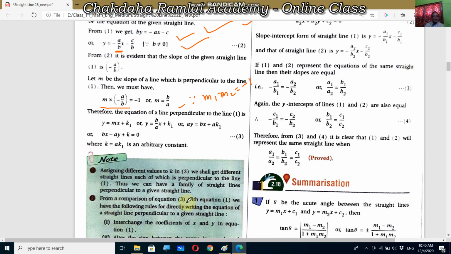Therefore, the equation of a line perpendicular to the line 1 is y is equal to mx plus q1, that is, y is equal to b by a x plus q1, or ay is equal to bx plus a q1, or bx minus ay plus k is equal to 0, where k is equal to a q1, an arbitrary constant.